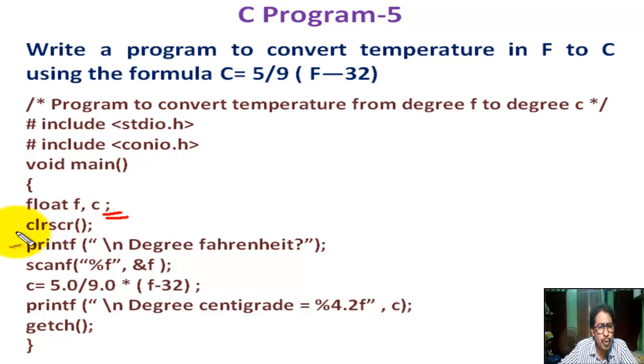Here semicolon. Okay. Now we can write the clrscr function. This function is used to clear the screen, so the program shows from the first line of the screen. It is also optional. Okay.